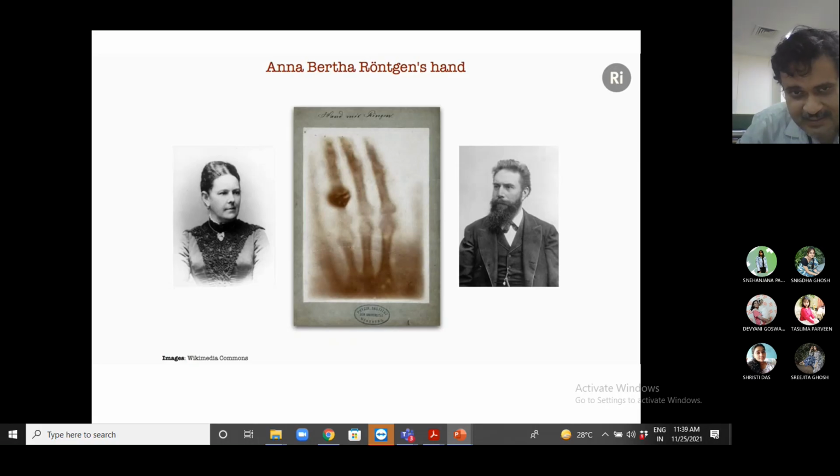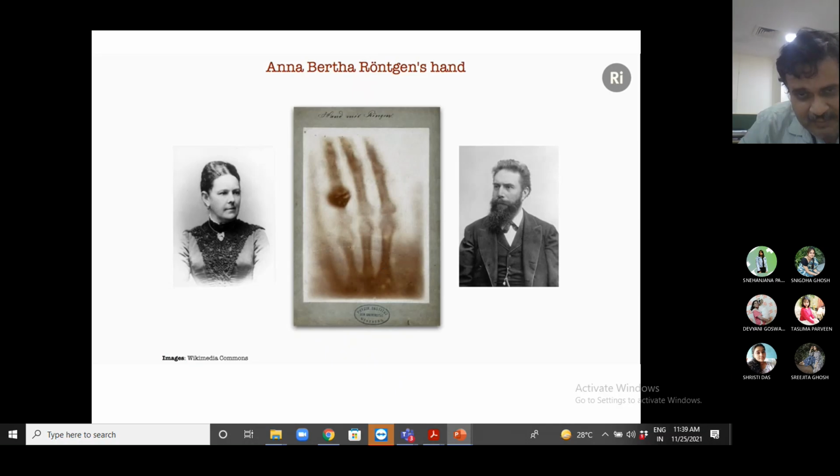So he named it X-ray, and I think we discussed this story that he took Madame Röntgen's hand and put it on the path of the light, and he found that it is an electromagnetic radiation.